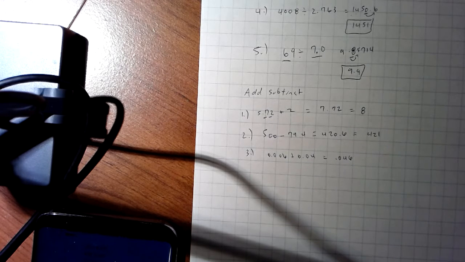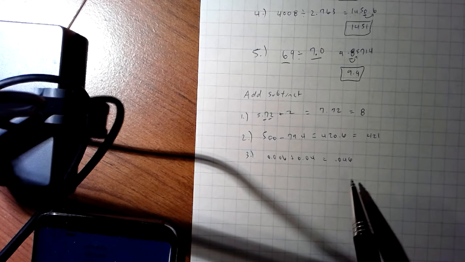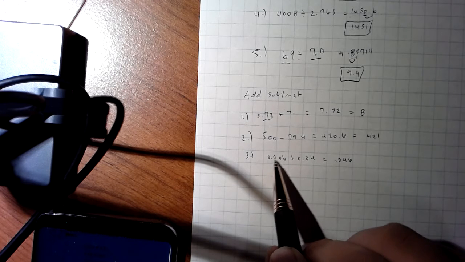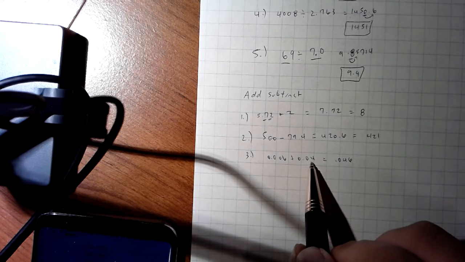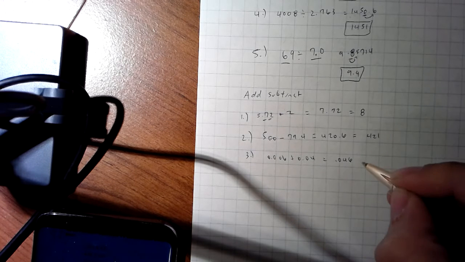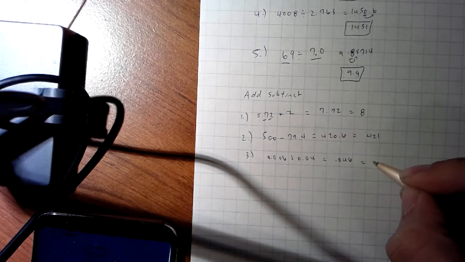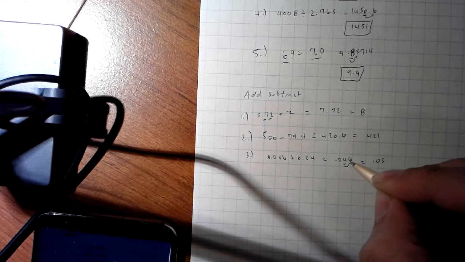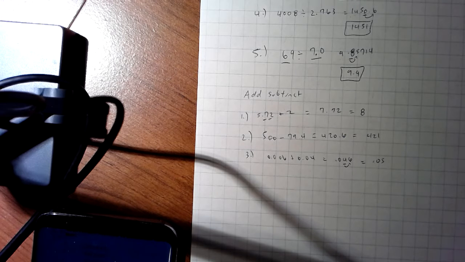Okay, so normally we get that number, but looking at our decimals, this one has 3 values, this one has 2 values. So we're going to go with 2 values, and we're going to get 0.05, because again we're rounding it. So look at the neighbor, he bumps it up to 0.05.